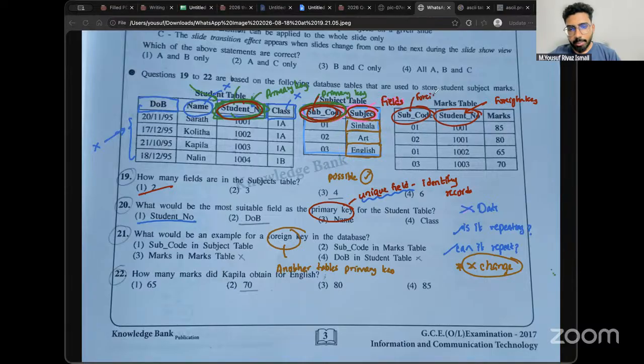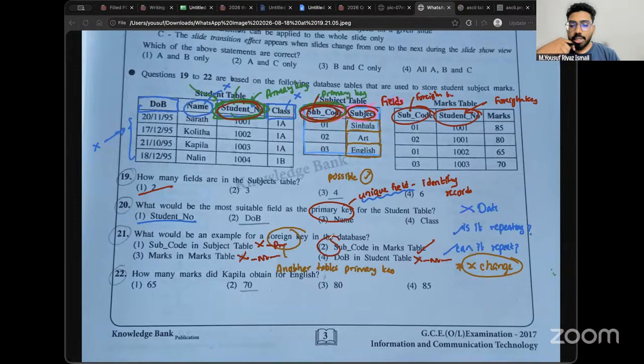In the other table, it becomes a foreign key. So the question is saying subject code in subject table, that's a primary key. Marks in marks table, that's a normal field. Subject code in marks table, it's a foreign key. Date of birth in students table, that's a normal field. So these are primary keys. These are normal fields. These are also normal fields. So the answer is the second one.